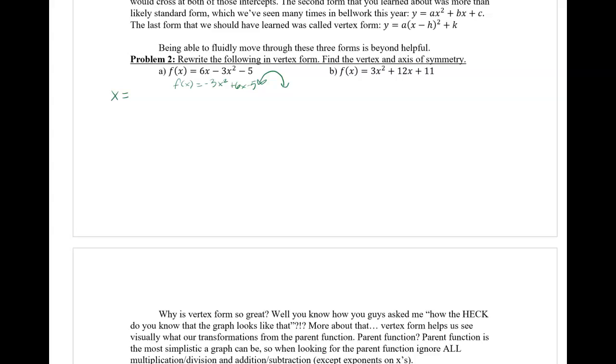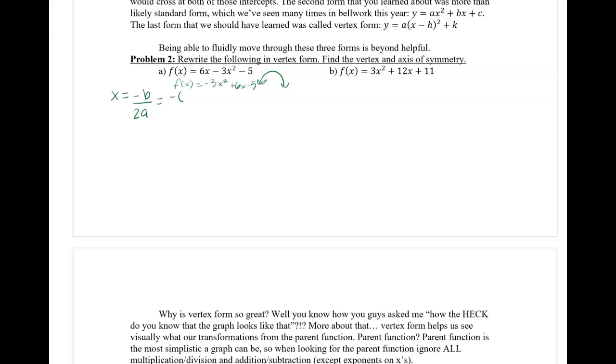So how I'm going to find the x-coordinate of my vertex is I'm actually going to use part of the quadratic formula, which is just negative b over 2a. In this case, my b, since I've rewritten it in standard form, is just going to be that number out in front of your plain old x, which is 6.